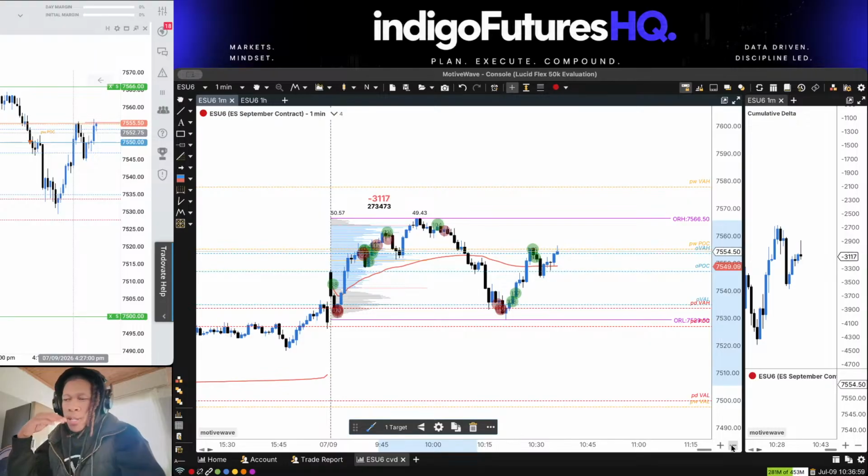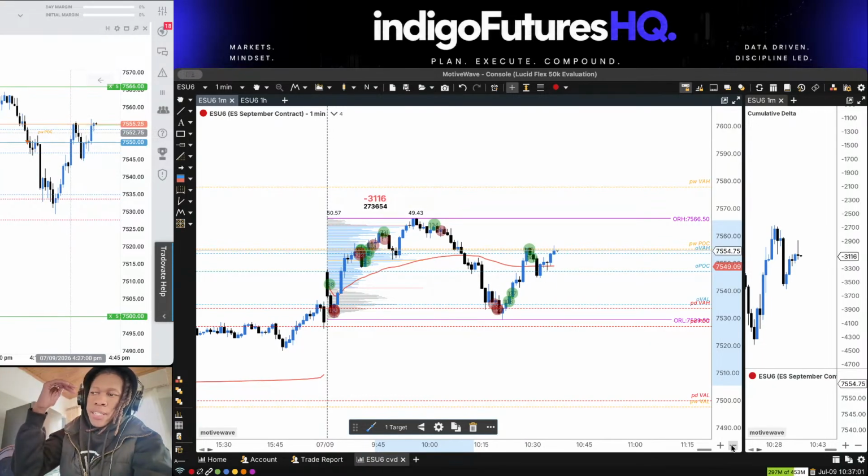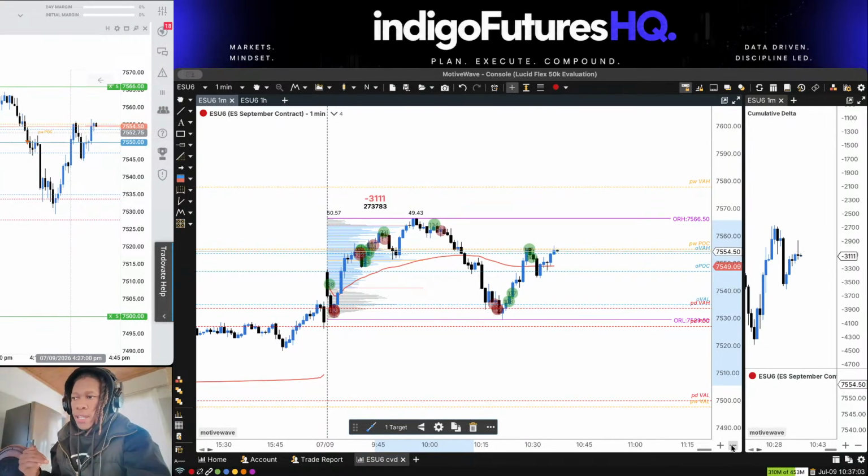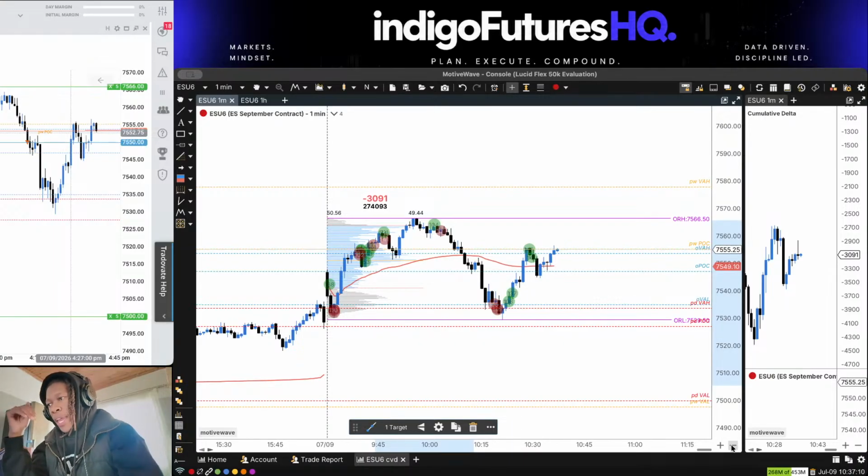We're just trusting that the same seller who initiated that down move is still present and protecting that position. But if they do then go look for liquidity, the next place is going to be initial balance high, right?